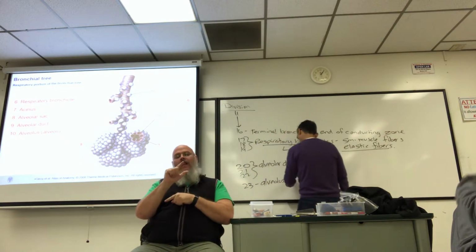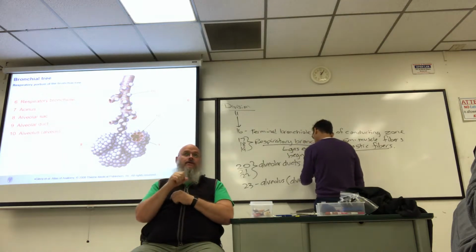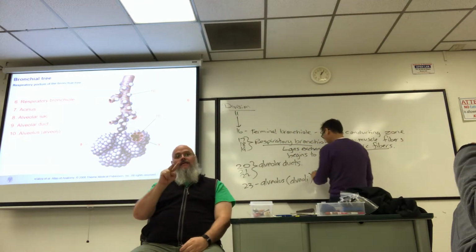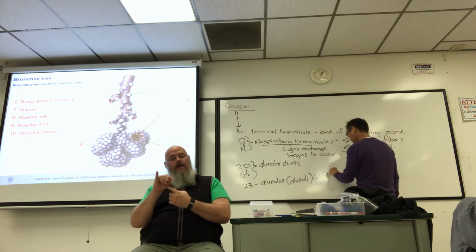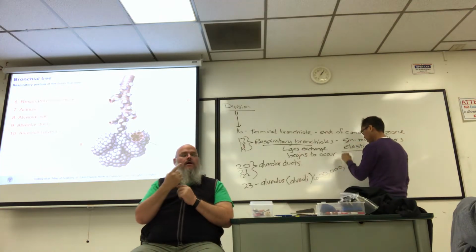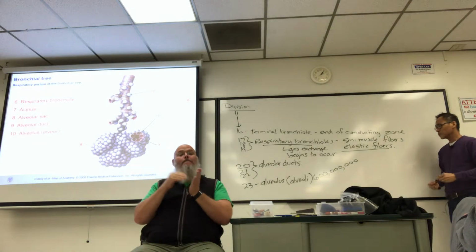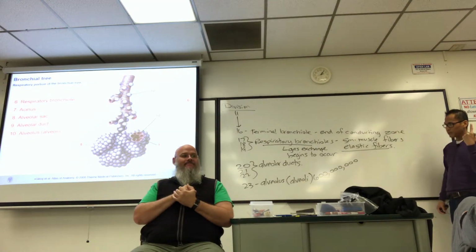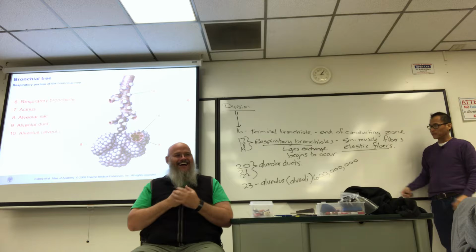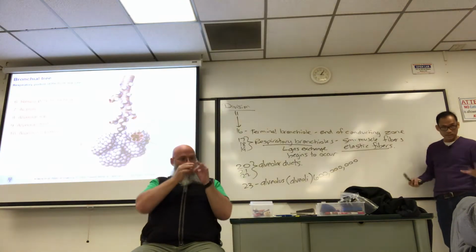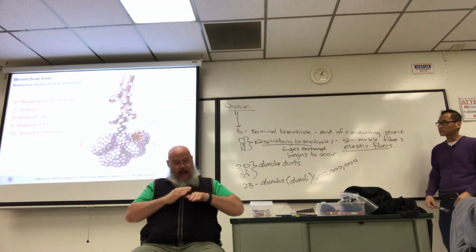I guess plural is alveoli. Let's remember, as I mentioned earlier, you got 600 million of them, sorry. So we went from one airway to 600 million tiny spaces for gas exchange.